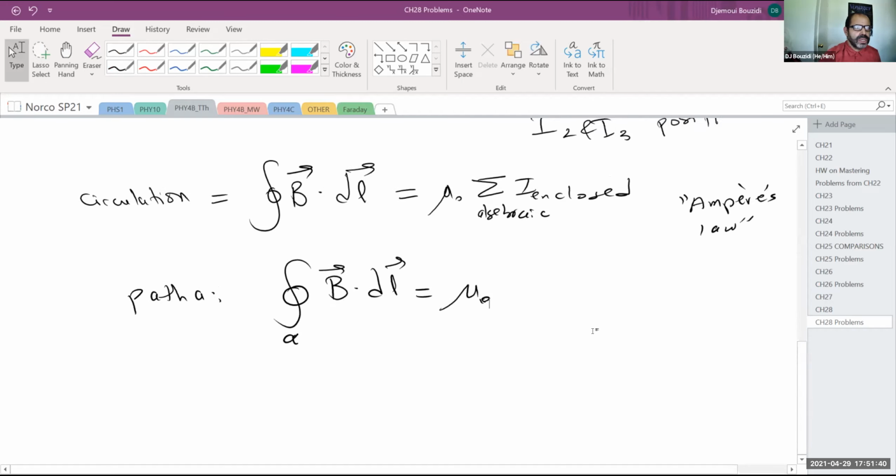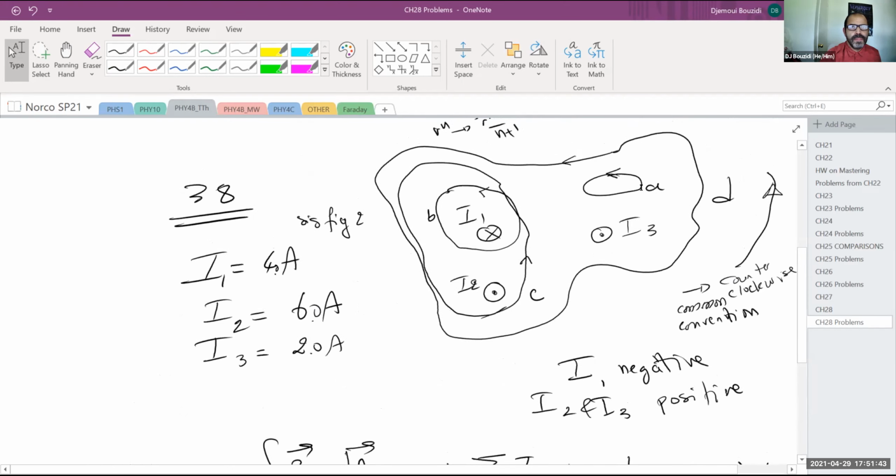And what is the current enclosed in path A? How much current is enclosed in this path that goes in or out of path A, inside this area enclosed by this path?